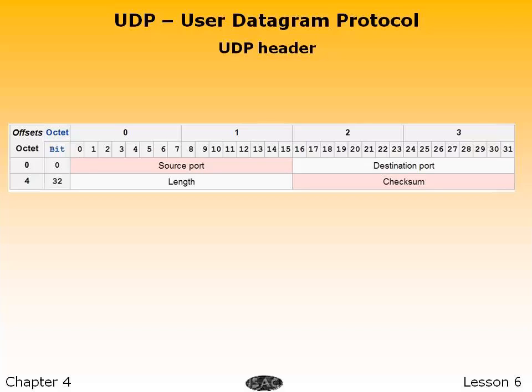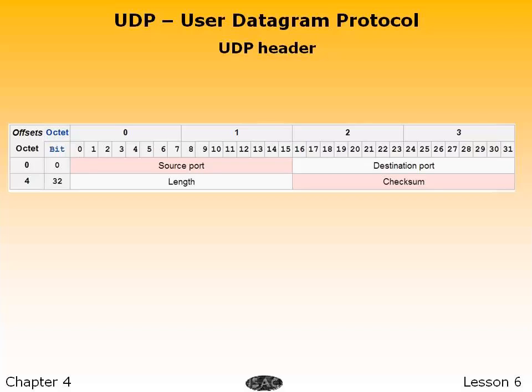The UDP header consists of 4 fields, each of which is 2 bytes or 16 bits. The use of the checksum and source port fields is optional in IPv4. In IPv6, only the source port is optional.